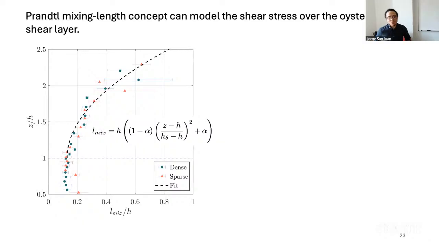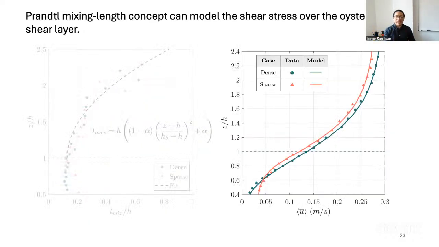In this case, we have a parameter alpha that could be, for this case, 0.13. Using that information, we can predict, or we can at least adjust a model to our data, but of course, it is using the data itself to fit it.